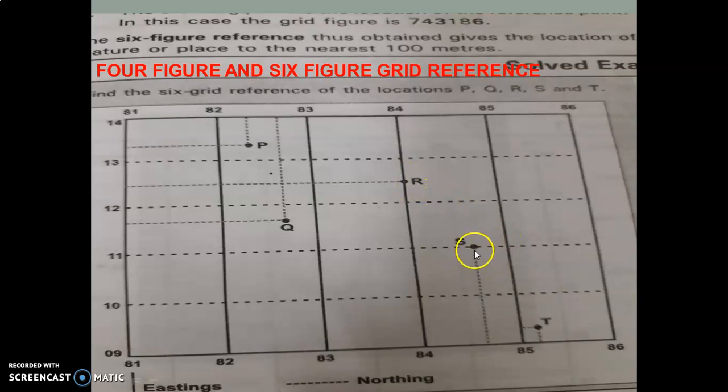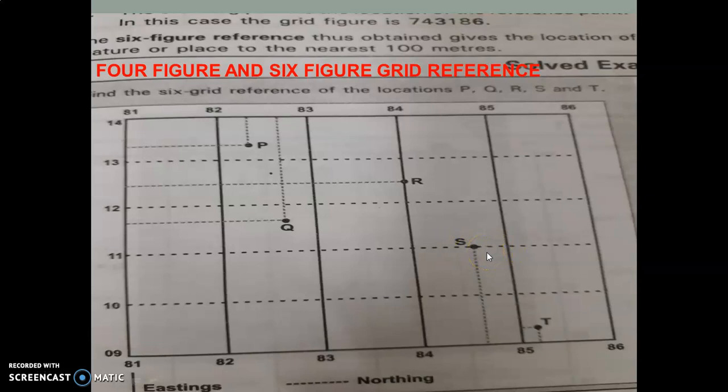Then S. What will be the 4-figure grid reference of point S? We have to check the easting line. The west side easting line of the S symbol is 84, and this symbol lies on northing 11. So the 4-figure grid reference of point S is 84 11.